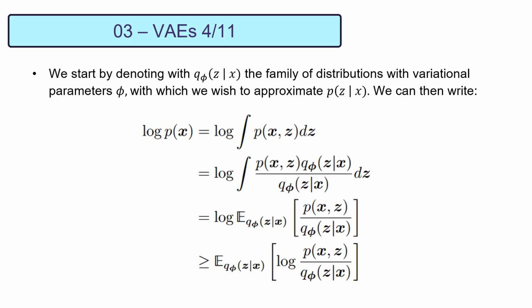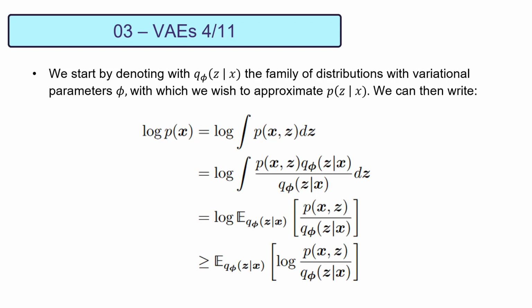All right, so let's take the logarithm of P of X and Z, with respect to Z here, the integral. This is just the sum rule that we defined before. What we can do is multiply the expression in here by 1. So we multiply by Q phi Z given X and we divide by the same value.